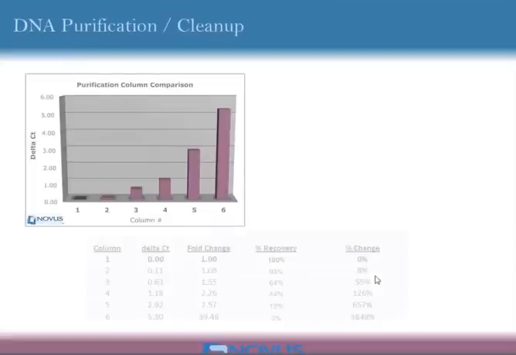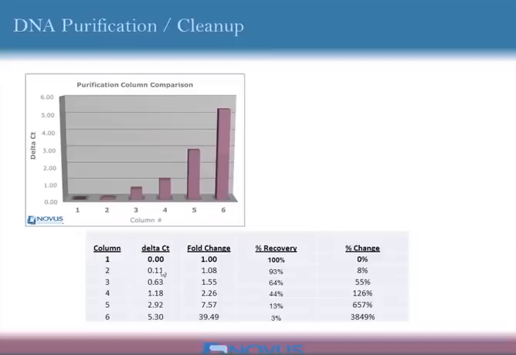And so when you quantify the differences between the recovery here, we can see columns 1 through 6 here and here, and the differences in the CT values. They're all compared to column number 1, which tested the best, and the worst was column number 6 here, which was over 5 cycles later than our first column.